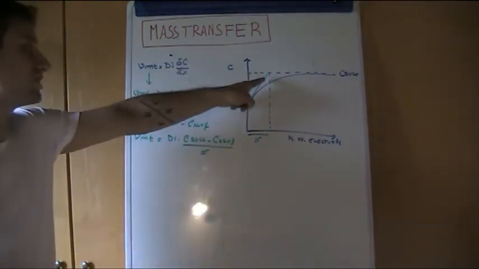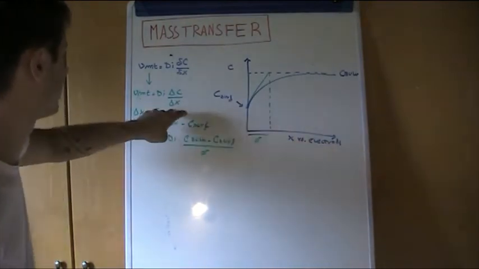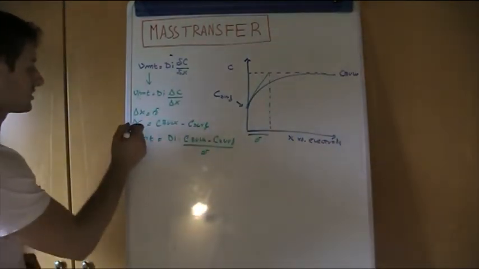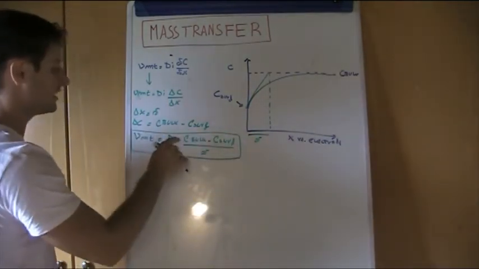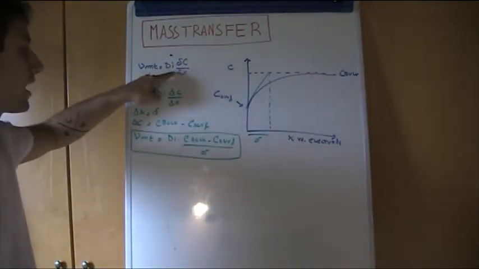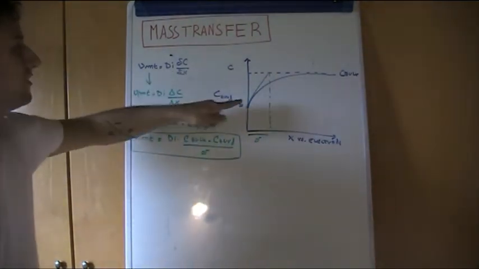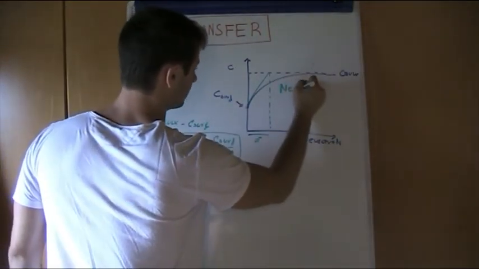So the Nernst linearization is the assumption, and the Nernst diffusion layer is this integrated distance. And so this is a much simpler equation, because it contains known parameters. We are passing from a differential equation to an integrated one with the Nernst linearization assumption.